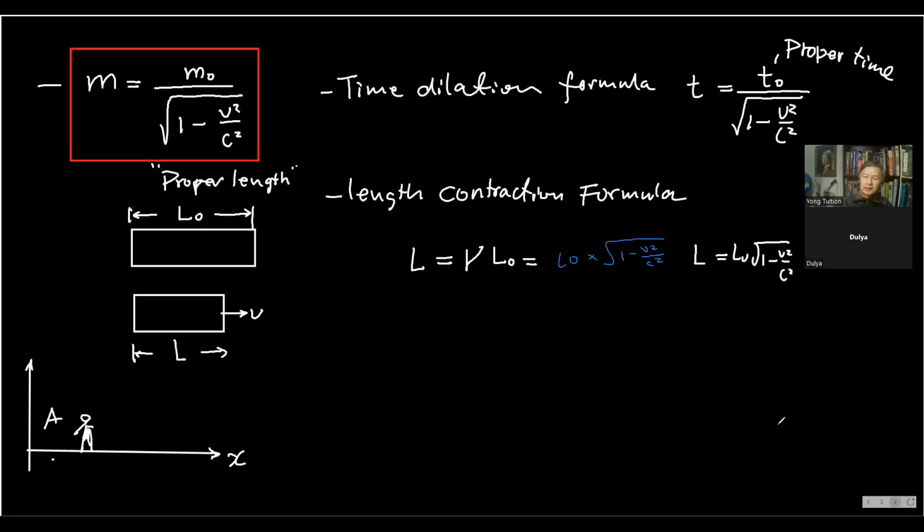They take this simple derivation. They say the formula for momentum is m null multiplied by v, right? Divided by the square root of 1 minus v squared over c squared.